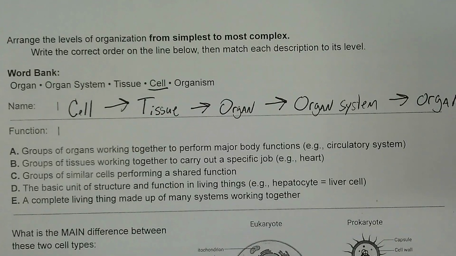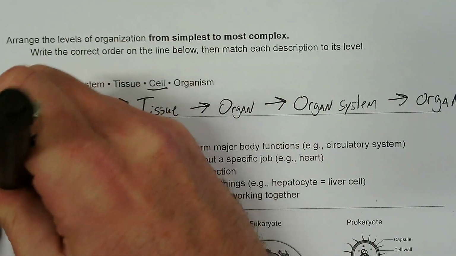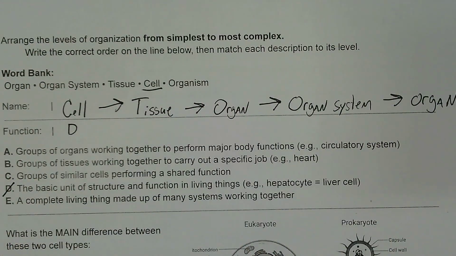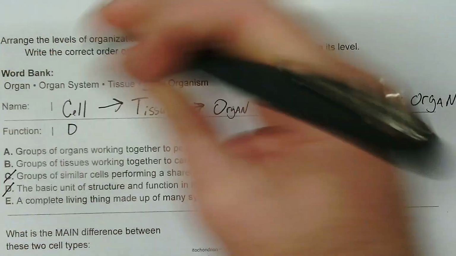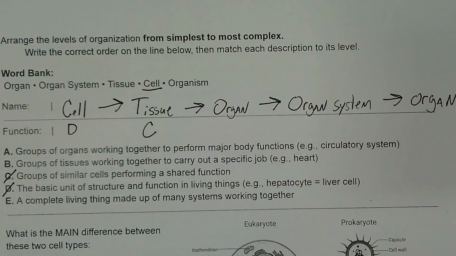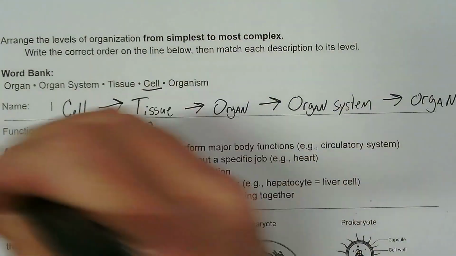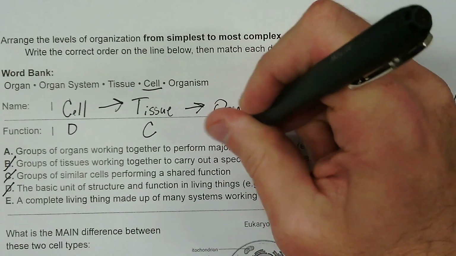The basic cell, the basic structure, basic unit. So tissues, we said it a second ago, a group of similar cells. Organ, a group of similar tissues.